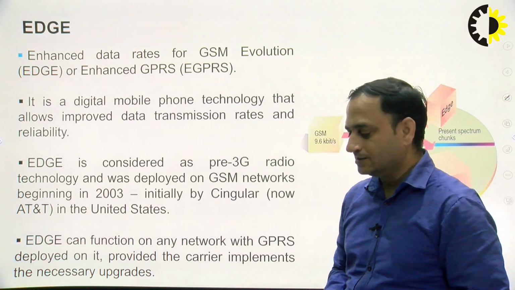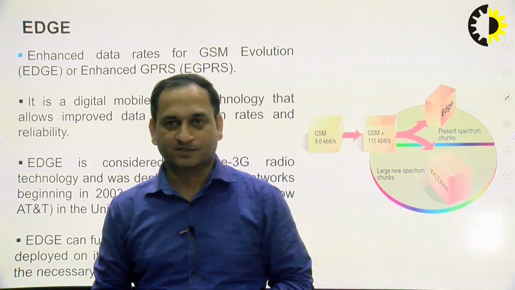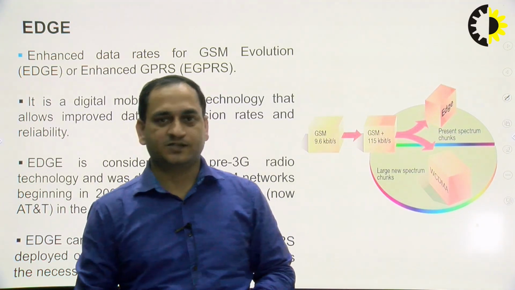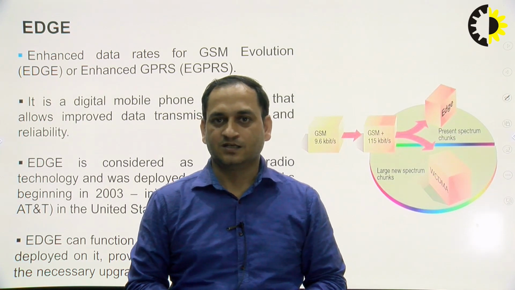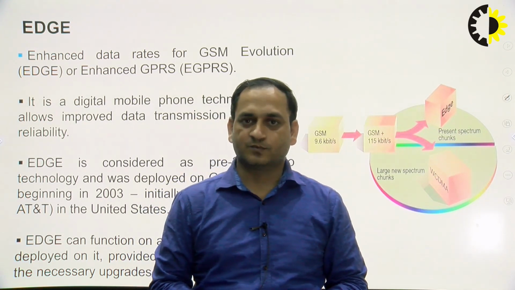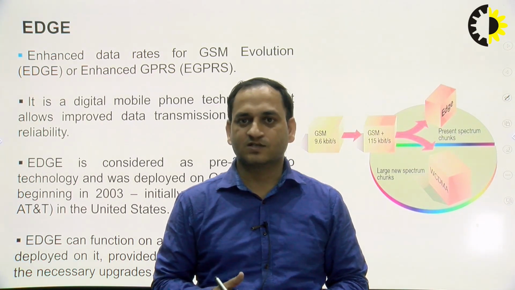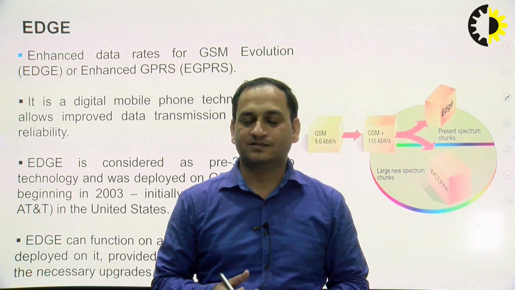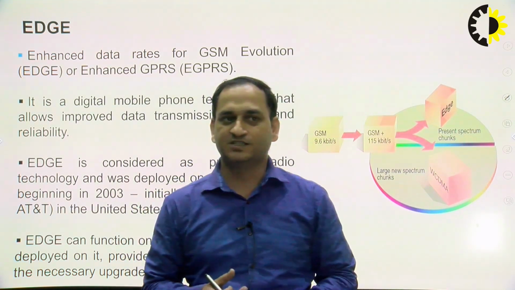Basically this EDGE technology is the enhancement of the GPRS system on the GSM network. This GSM, Global System for Mobile Communication, we have discussed already. The GSM system was a 2G network, and then the advancement of GSM was GPRS, which was a 2.5G network.